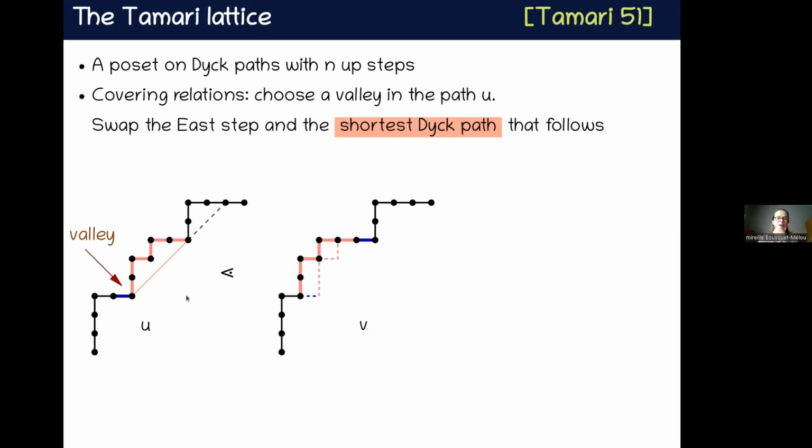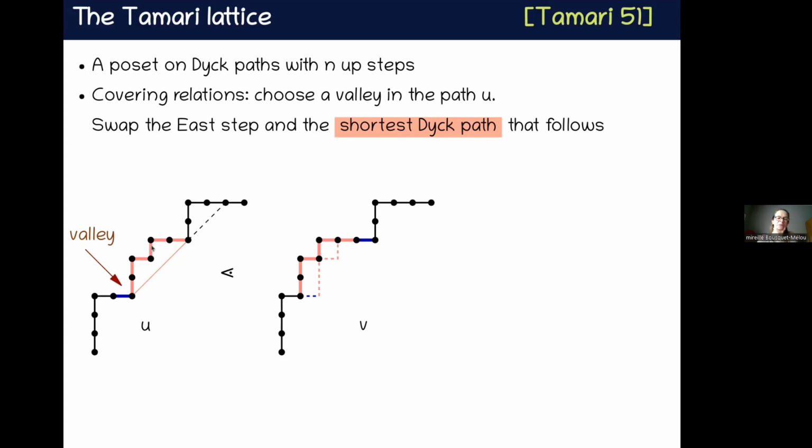So here, I pick a valley, so this one in U, and I start from the bottom of this valley, and then I have an up step, and I look at the shortest Dyck path that follows this point.